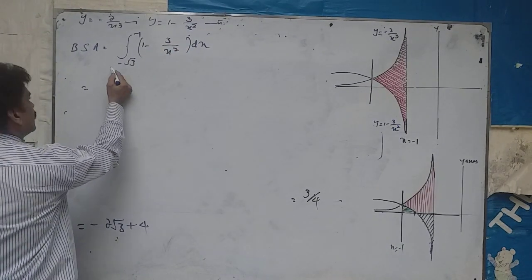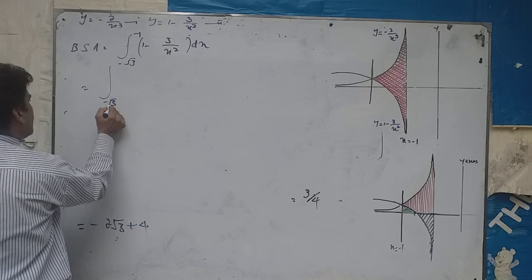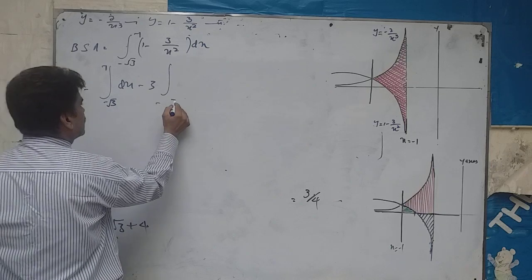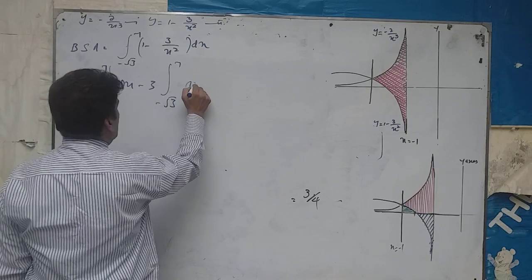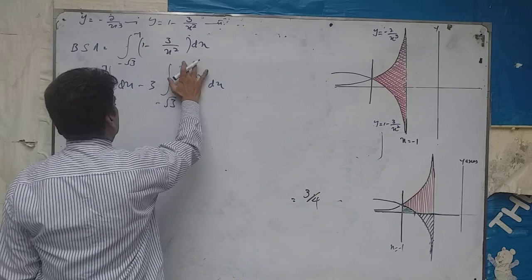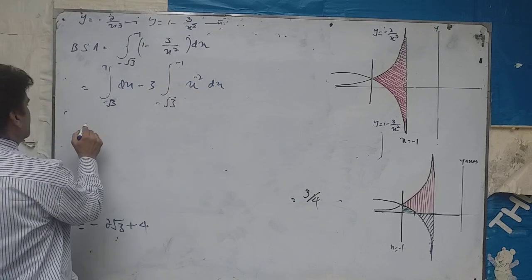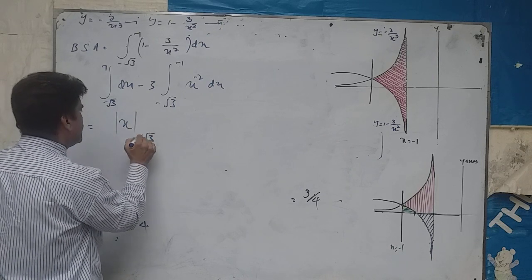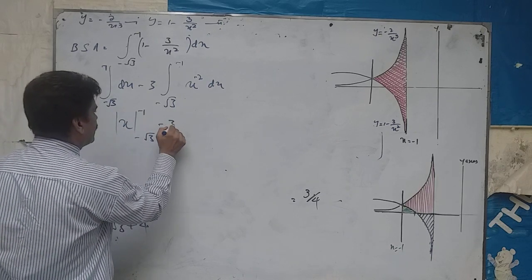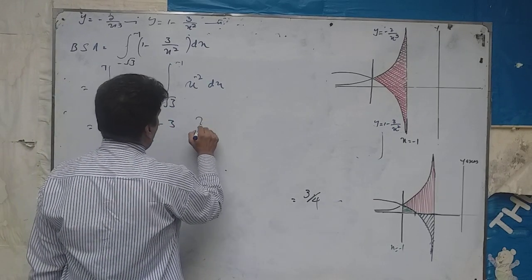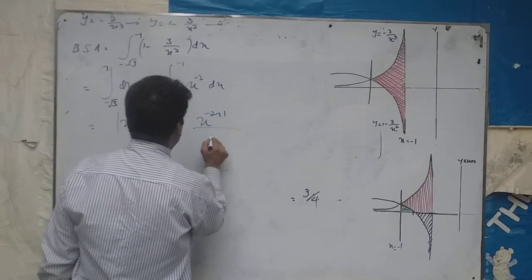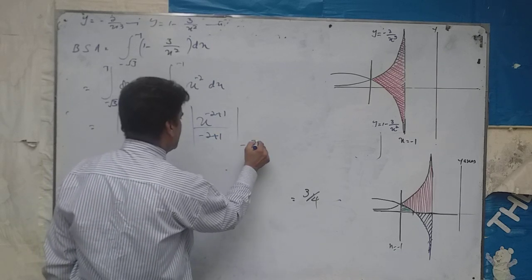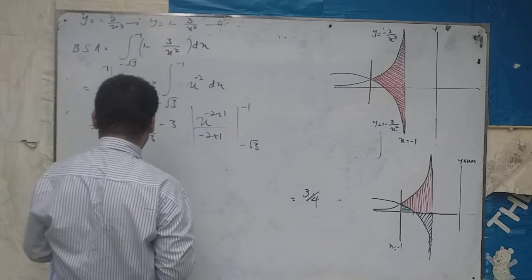This area will be equal to the integral from minus under root 3 to minus 1 of dx minus 3 times the integral of x raised to power minus 2 plus 1 divided by minus 2 plus 1, with limits of integration minus under root 3 to minus 1.